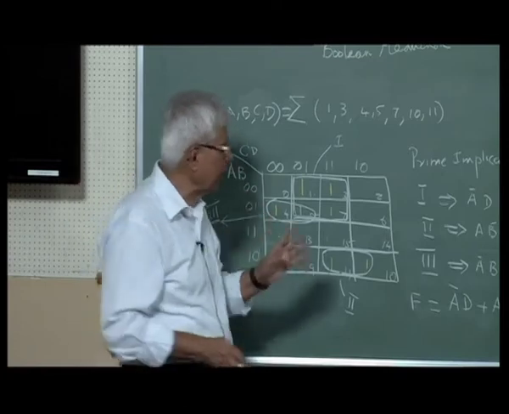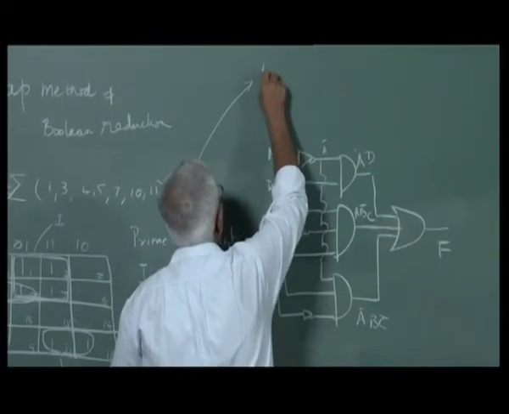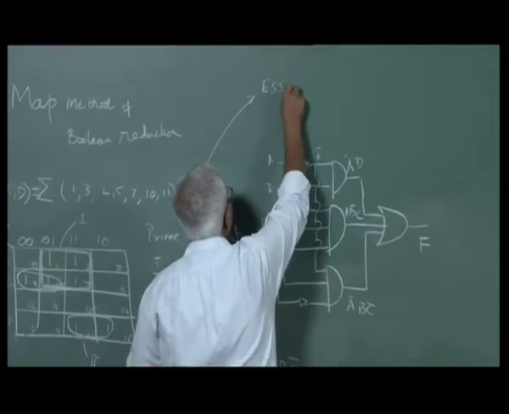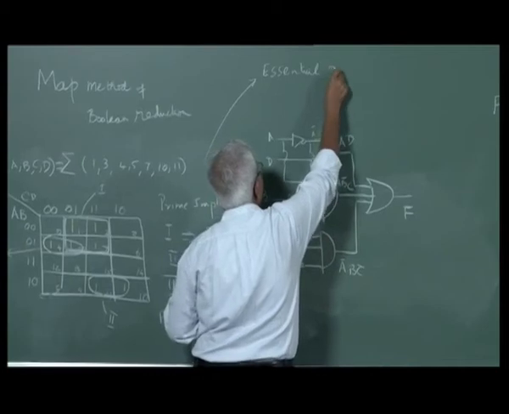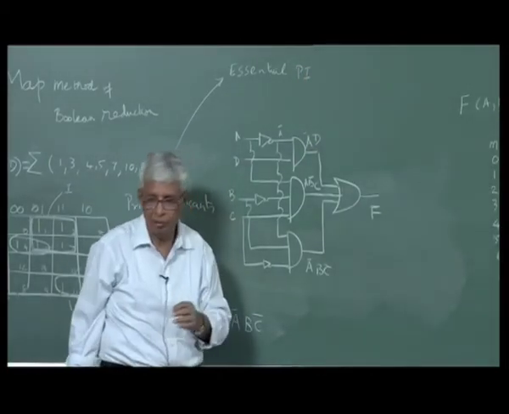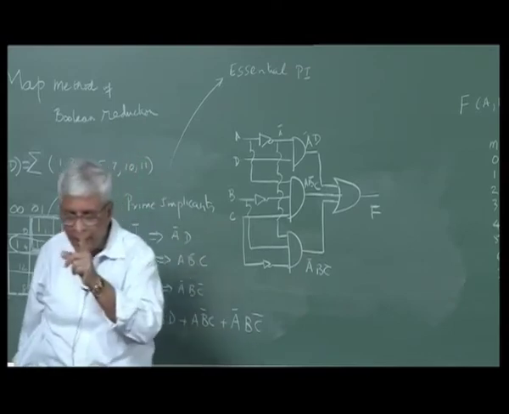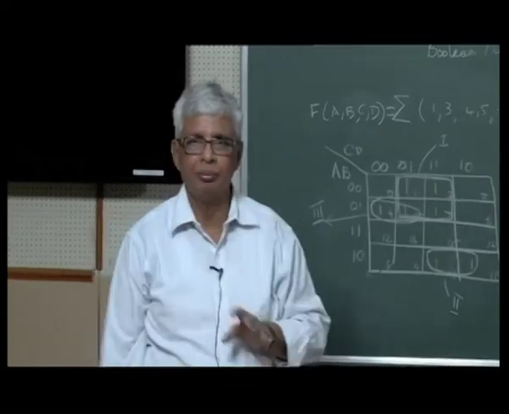So a prime implicant is called an essential prime implicant if at least one one is unique to that.